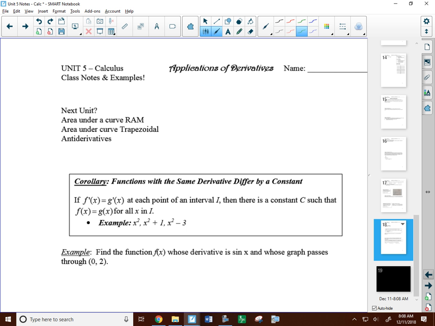Let's work for a little bit. I know we don't have as much time as I wanted, but let's work for a little bit today, and then tomorrow we're going to work on the practice or concavity.